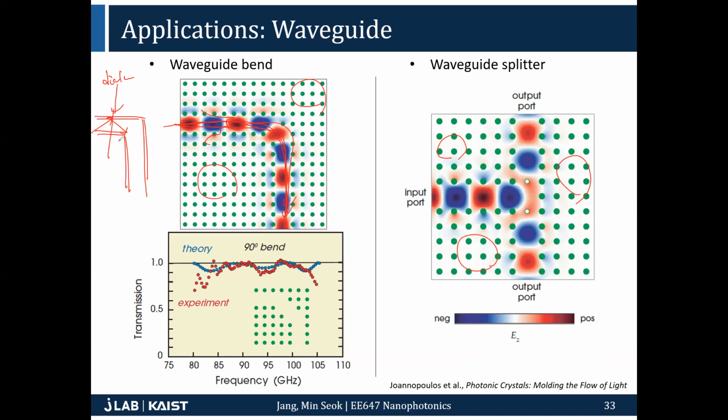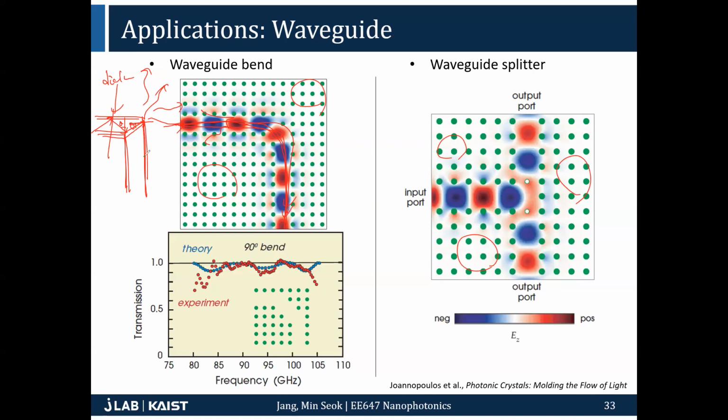But imagine you have a 90-degree waveguide bend, then what happens is that the angle of incidence changes as this ray meets the waveguide bend. And then now this wave can leak out to the free space, right? Because the total internal reflection condition can be broken at the bend.